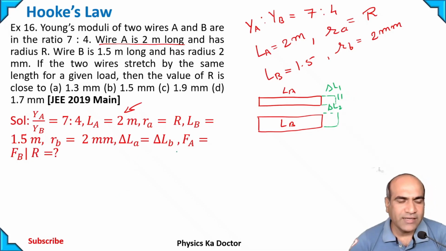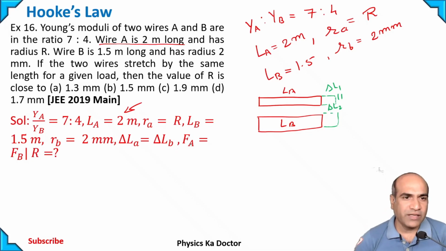So delta LA is equal to delta LB. If the two wires stretch by the same length for a given load, that means the load is also equal, FA is equal to FB. So what should be the value of this capital R?